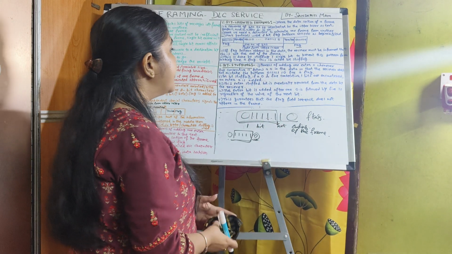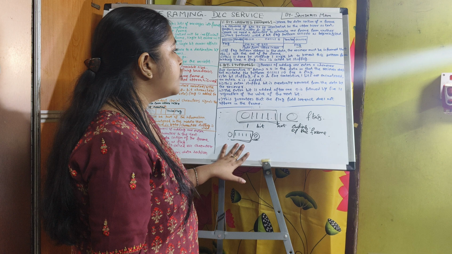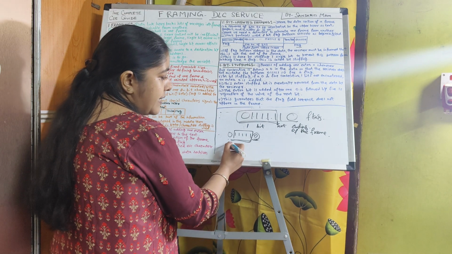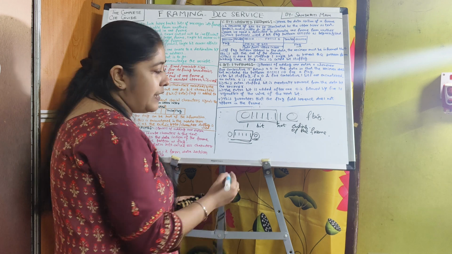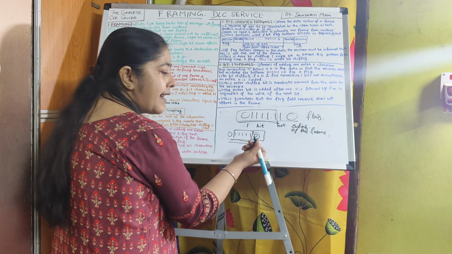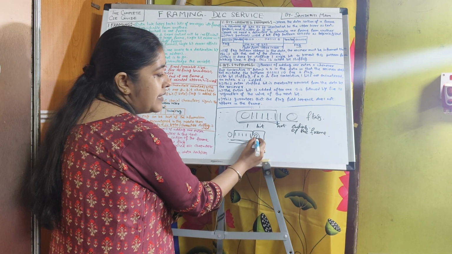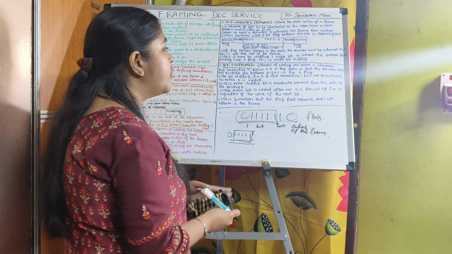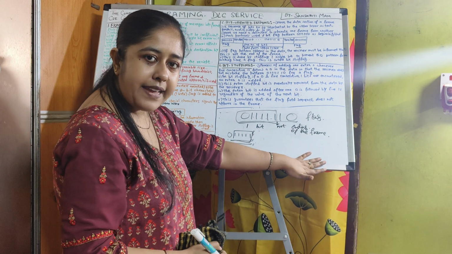Now this extra stuffed bit is eventually removed from the data by the receiver. After receiving this data, the receiver will see this extra bit, remove it, and afterwards take the next data.